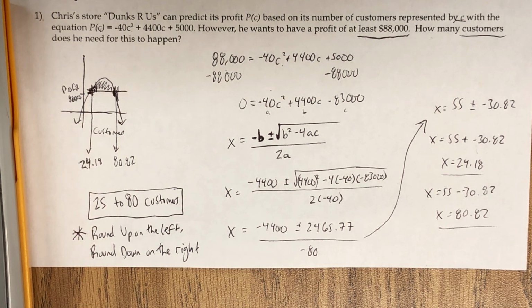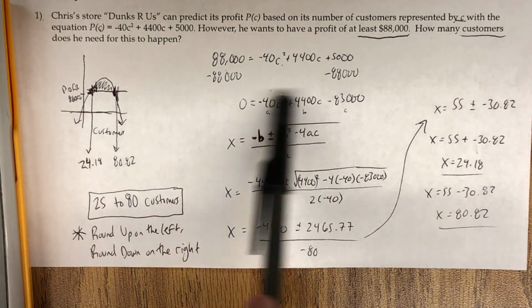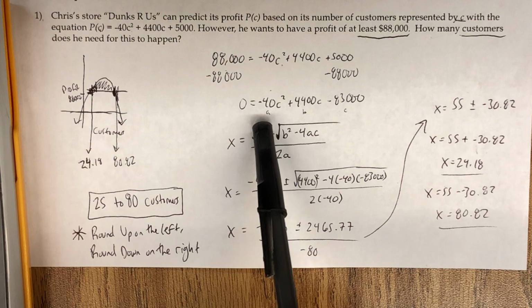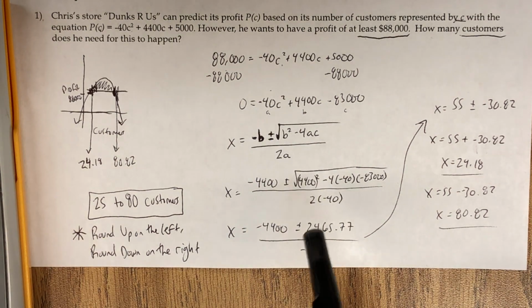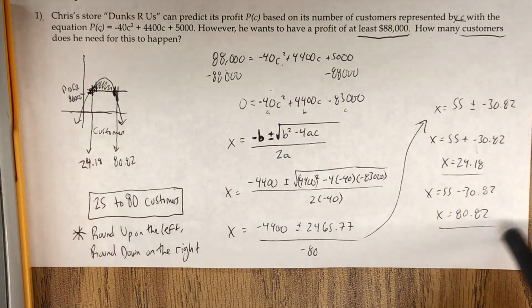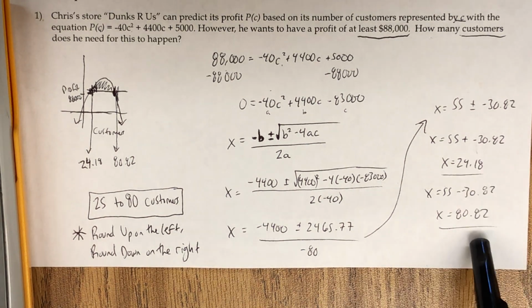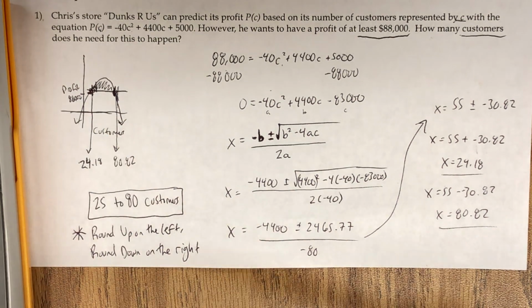We set our equation equal to 88,000, subtract 88,000 from both sides to get it equal to 0, and then we apply the quadratic formula. When we apply the quadratic formula and simplify, we end up with two solutions. Those are the values that give us exactly 88,000. Then we need to figure out the proper range and round correctly. If it's on the left, we round up. On the right, we round down.